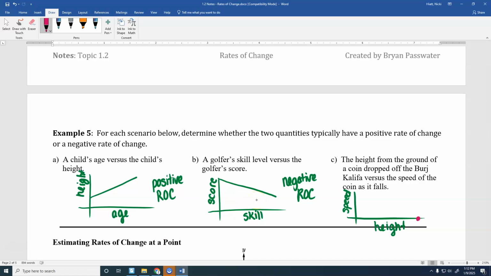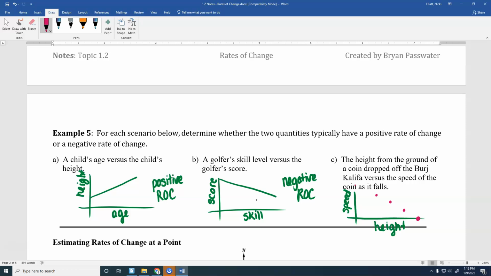Okay, now when I drop the coin, several of you said it's going to fall faster and faster and faster, and you were correct about that. But if we think about graphing those points, whenever it drops, its height drops, but its speed goes up, right? Height drops, speed goes up, until it hits the ground.